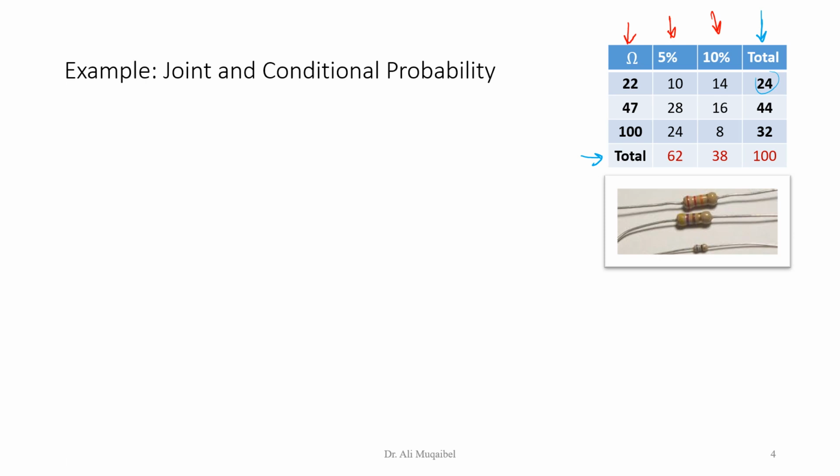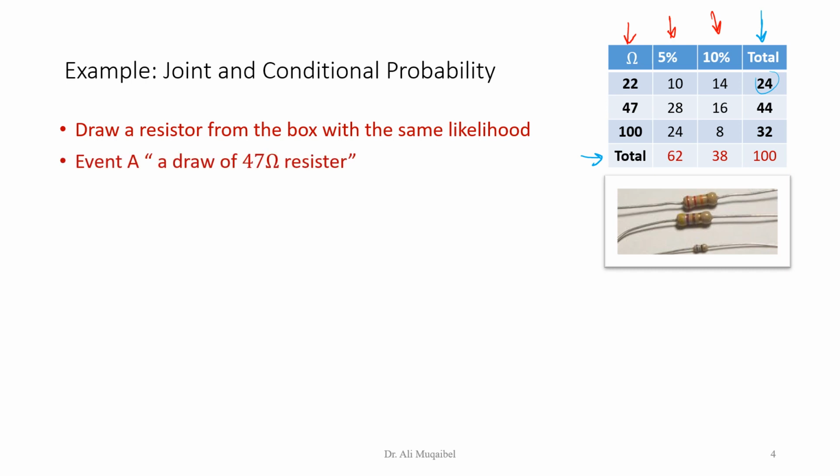So what's the question? We're drawing a resistor from the box with the same likelihood. All resistors have the same probability of being drawn. We define event A to be drawing a 47 ohm resistor. So event A is defined to be here.